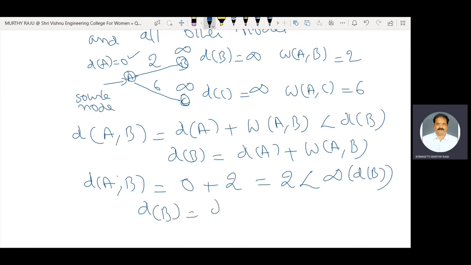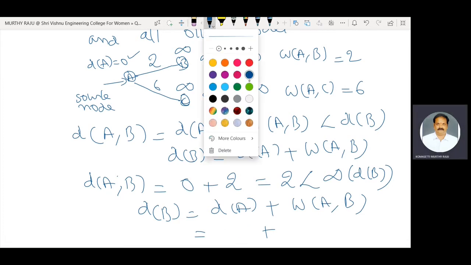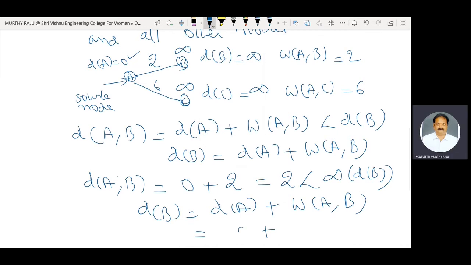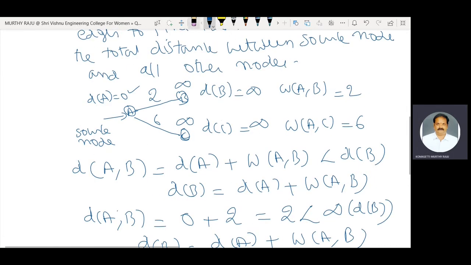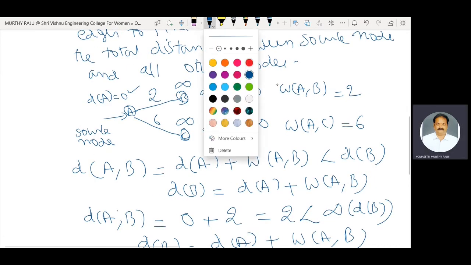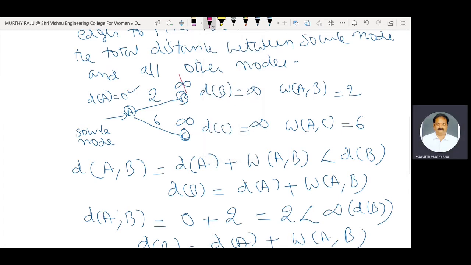Therefore, d(B) is equal to d(A) plus W(A,B), which is 0 plus 2. Therefore, the distance of B is 2. Infinity is struck off and replaced with d(B) equal to 2.